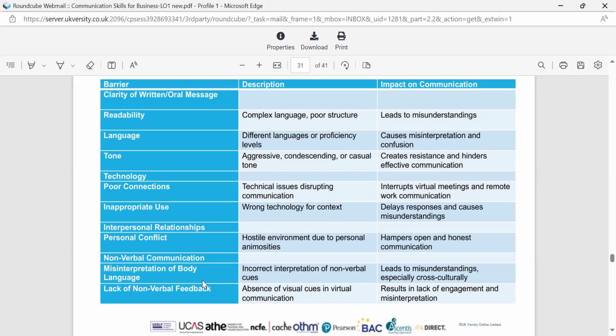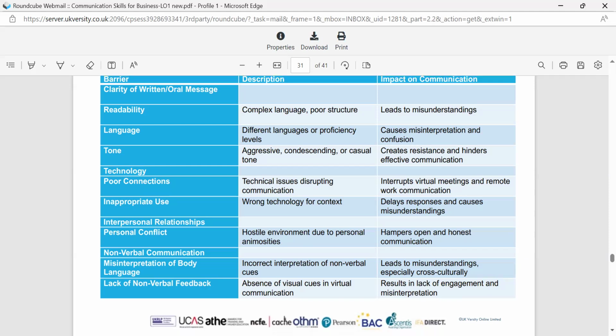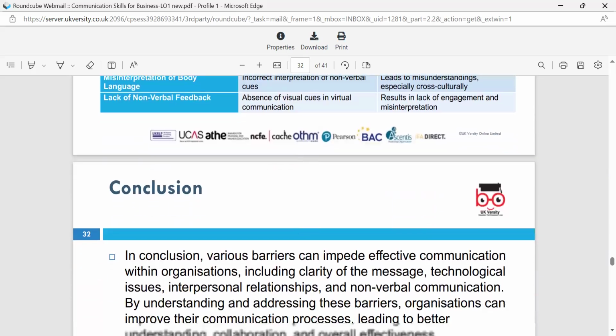Maybe when you shake someone's hand or how you do things, your body language is misinterpreted. Lack of non-verbal feedback: absence of visual cues in virtual communication, and the impact is that it results in lack of engagement and misrepresentation.